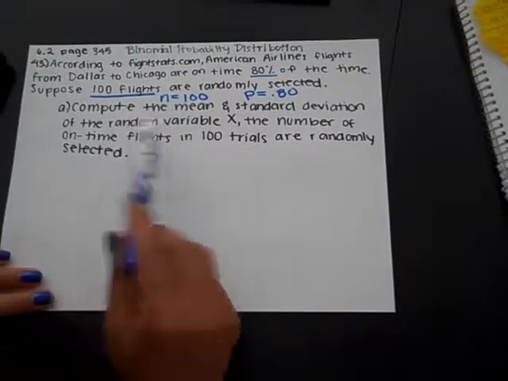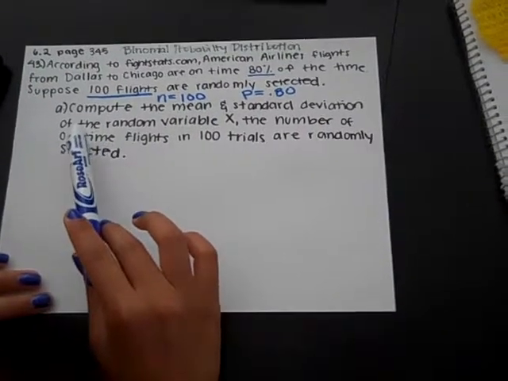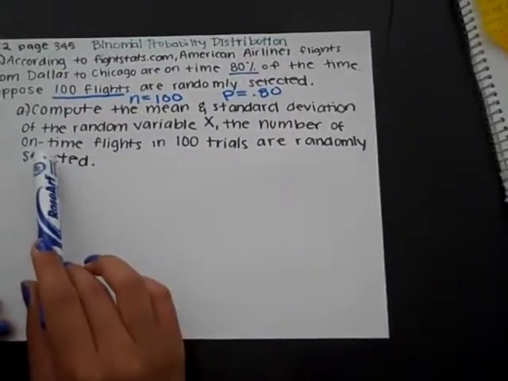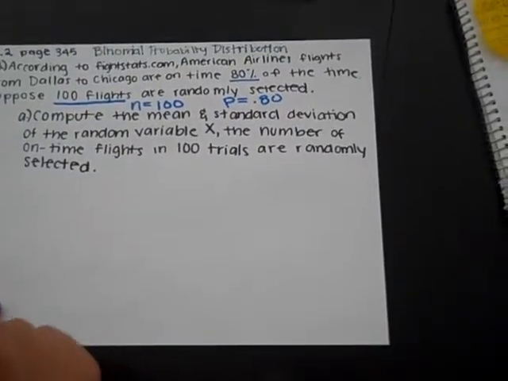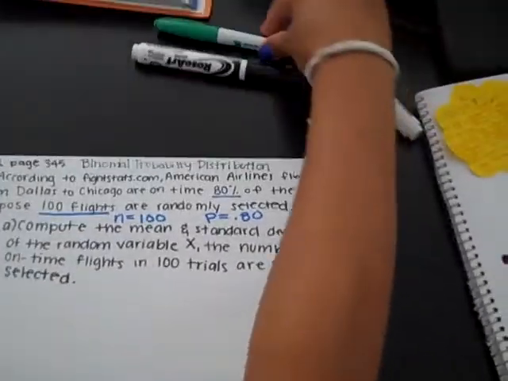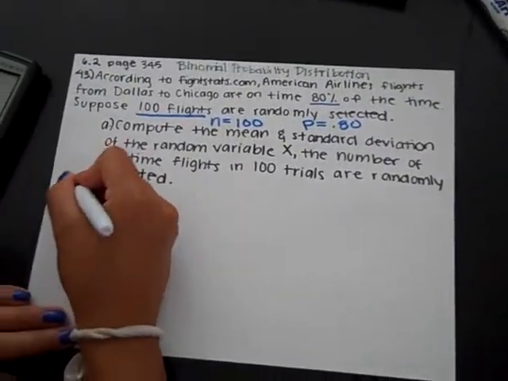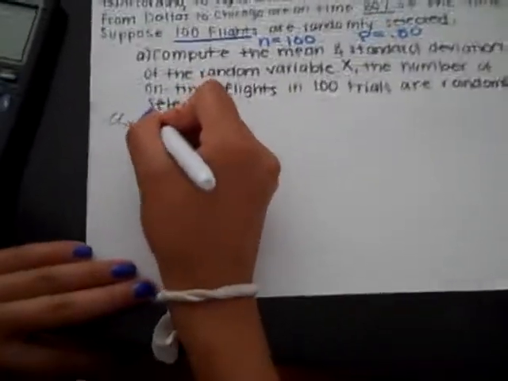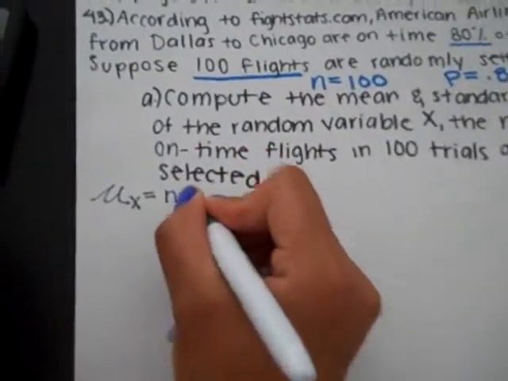Part A says, compute the mean and the standard deviation of the random variable x, the number of on-time flights in the 100 trials randomly selected. So you find the mean of x by going mu of x equals n times p.